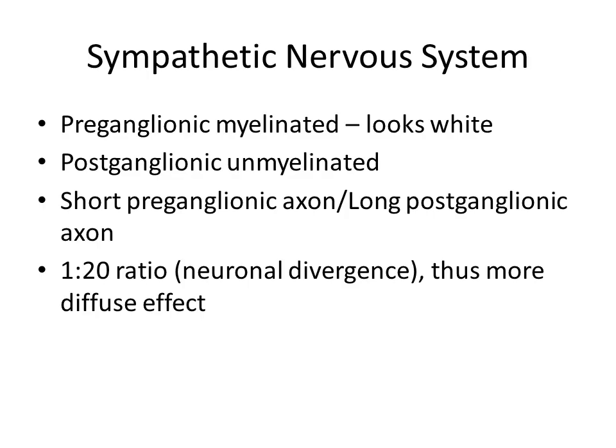The preganglionic neurons are myelinated. Because they have a coating on them that helps act as an insulator that is made up of fatty material, this material has a whitish appearance and makes these neurons look white. The postganglionic neurons are unmyelinated, so they look more gray.